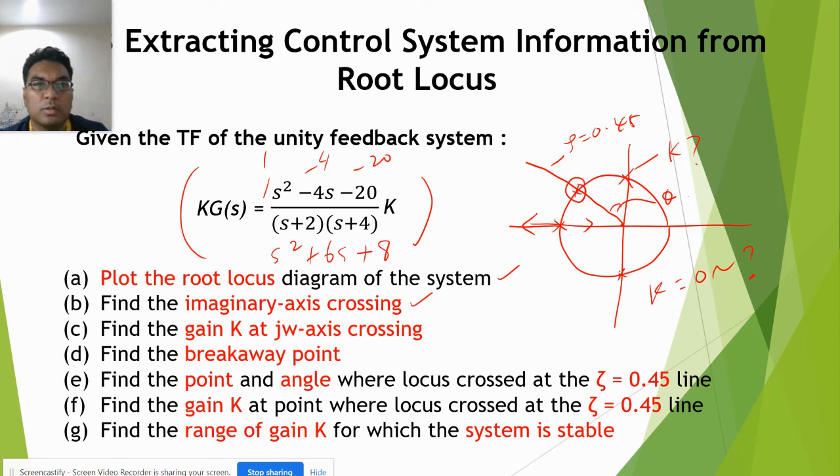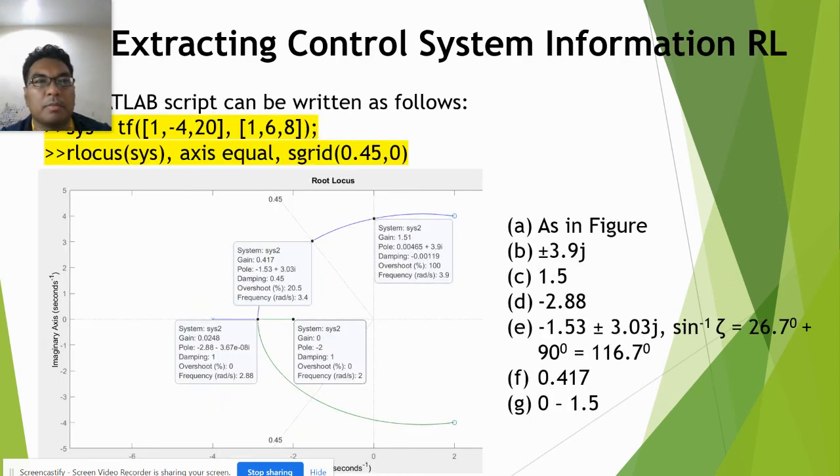So 1 minus 4 and minus 20 at the numerator, and 1, 6, 8 at the denominator. You can plot like this, and also generate the s-grid, which is 0.45, to generate this line. So this is at damping ratio 0.45, so you can determine the information there.